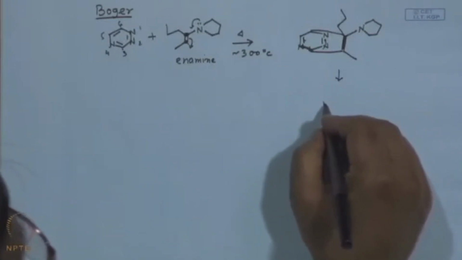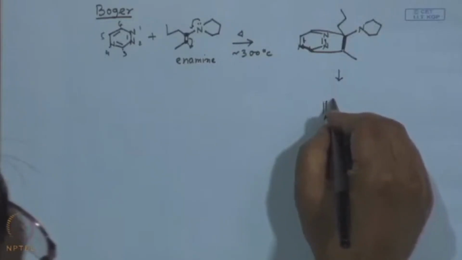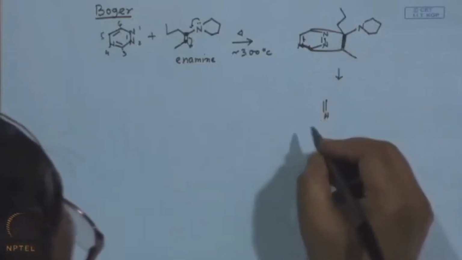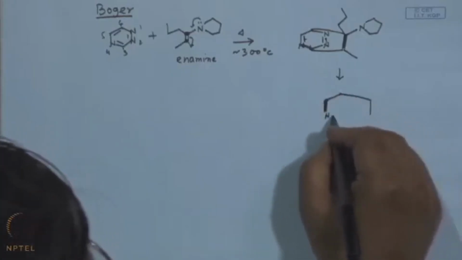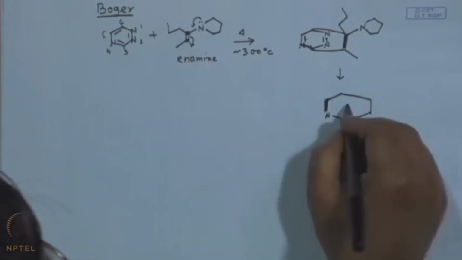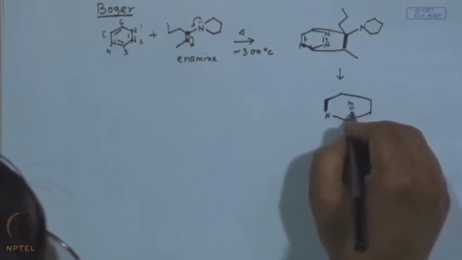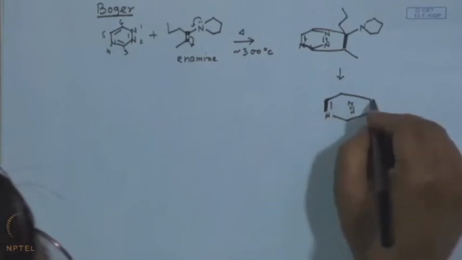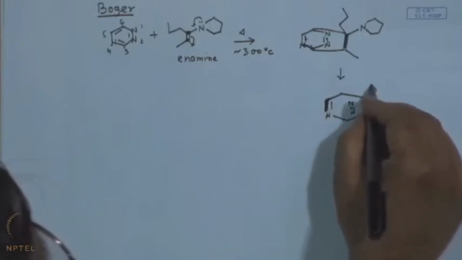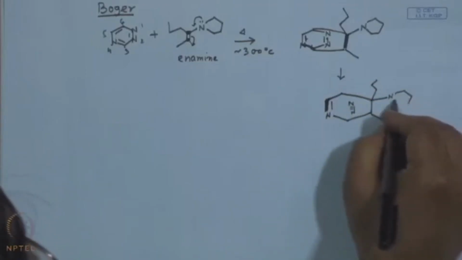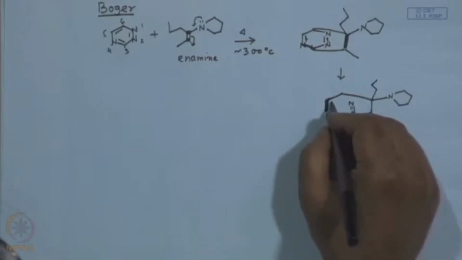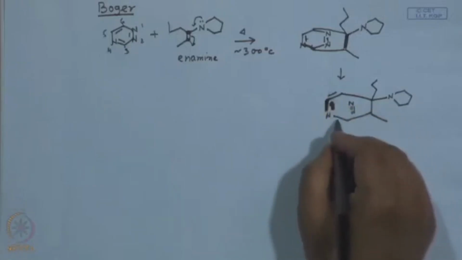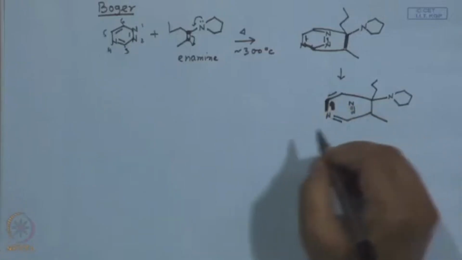We will write it the way it is already written. So, I think this way it looks better. Nitrogen comes out, and then you will have a double bond, methyl substituent and the propyl substituent and the pyrrolidine ring system, but the bonds are not fixed; the bond migrates.